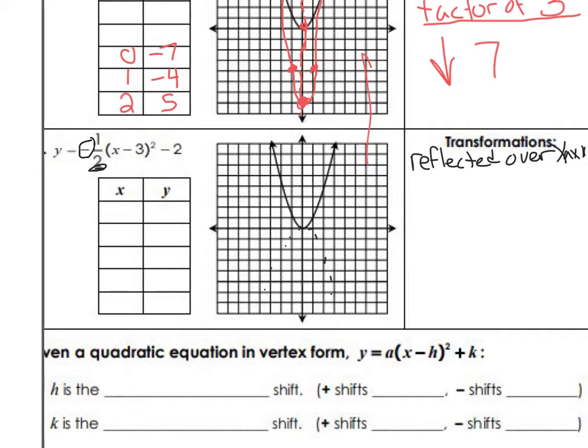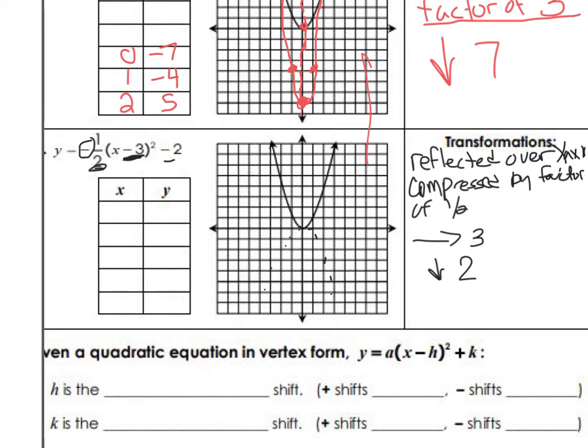A is a fraction, so it compressed by a factor of 1/2. All right, we have a horizontal shift. Opposite world is +3, so it went to the right 3, and it went down 2. So let's look at the graph here. 3, -2. So 3, 1, 2, 3, -2. So my vertex moved over here.